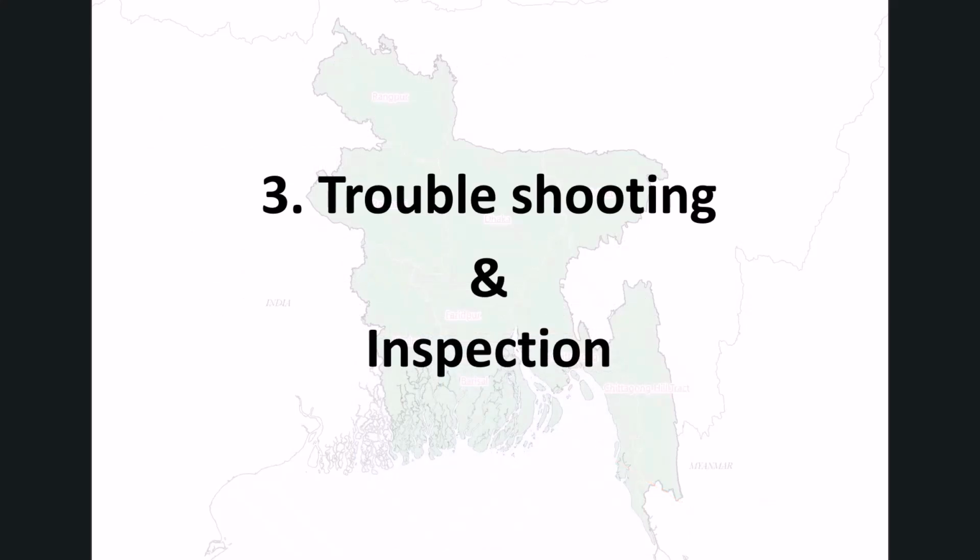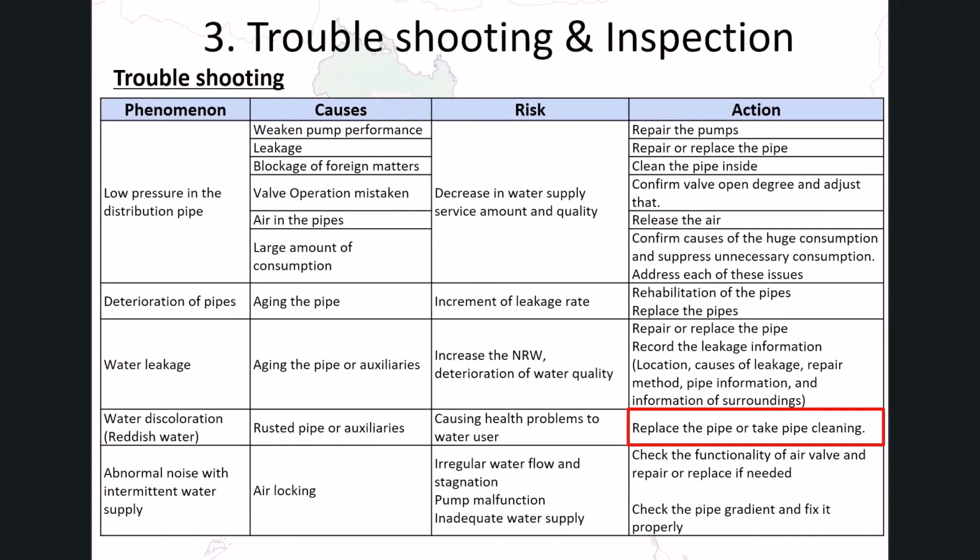Now, we go on to troubleshooting and inspection. Even with proper understanding of each treatment unit, problems will occur in daily operation. This table shows how to use all the knowledge explained earlier when an actual problem appears in the pipeline.